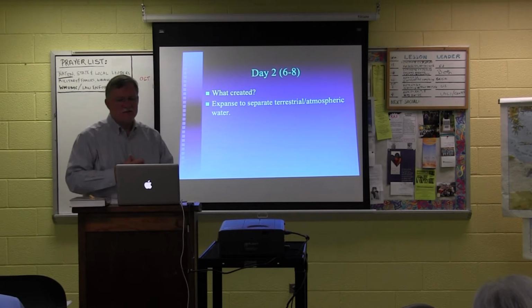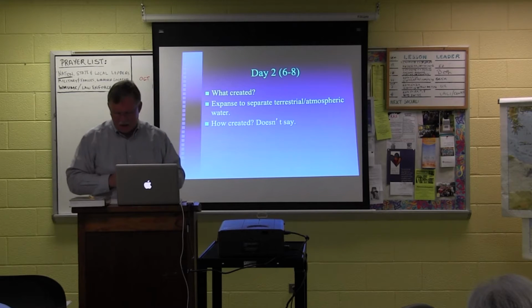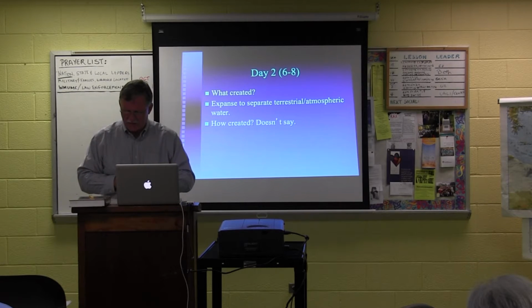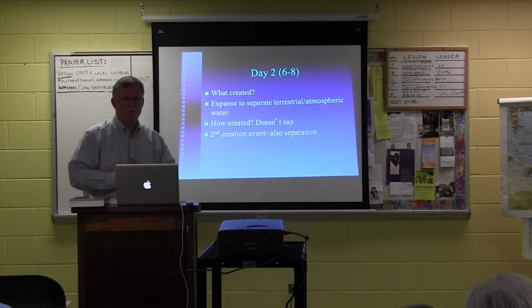It's to separate terrestrial water, the groundwater, and the water in the atmosphere. It doesn't specifically say how it was created. It says, let there be, so it seems to be by speaking. But it's also a separation, the water above from the water below.